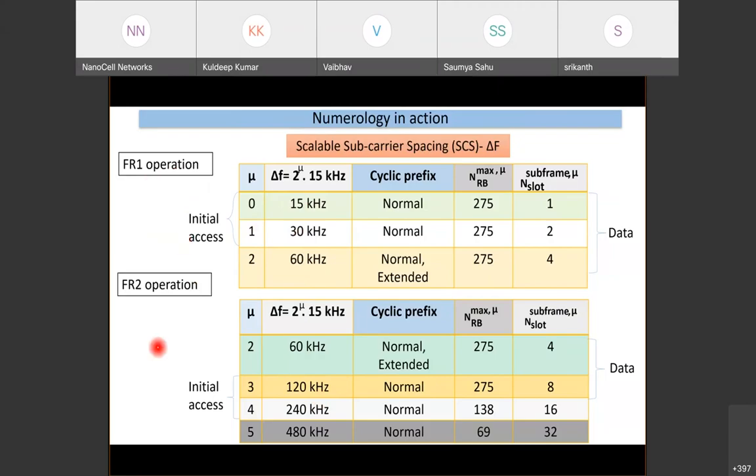The answer is no. I have not surveyed all the 5G phones, but many 5G phones might only support FR1. Some special ones do support FR2. And there could be the same company selling FR1 at one cost and saying that if you want FR2, the same model could be at a different cost. So definitely we do have both supported, but remember, it's not always the case that both will be present in all devices.